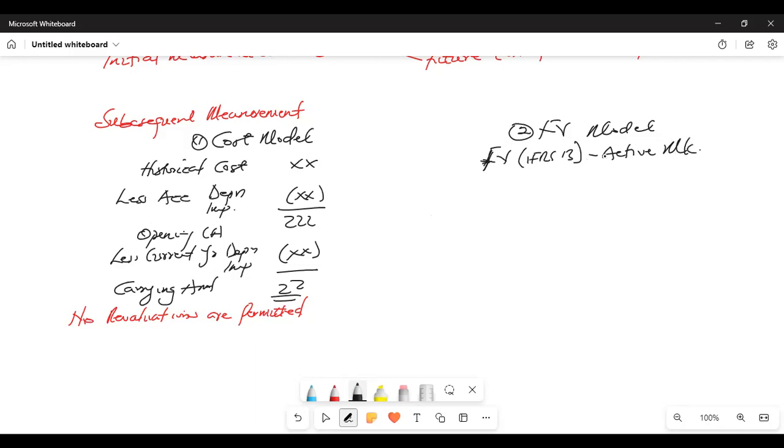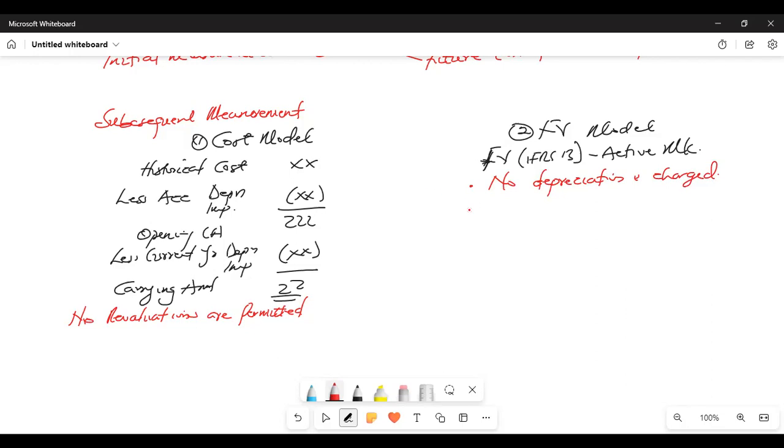And key point number 2, let me use red. Key point number 2 is that when you use the fair value model, you don't depreciate the asset. So no depreciation is charged. When you use the fair value model, you don't depreciate the asset. Key point.